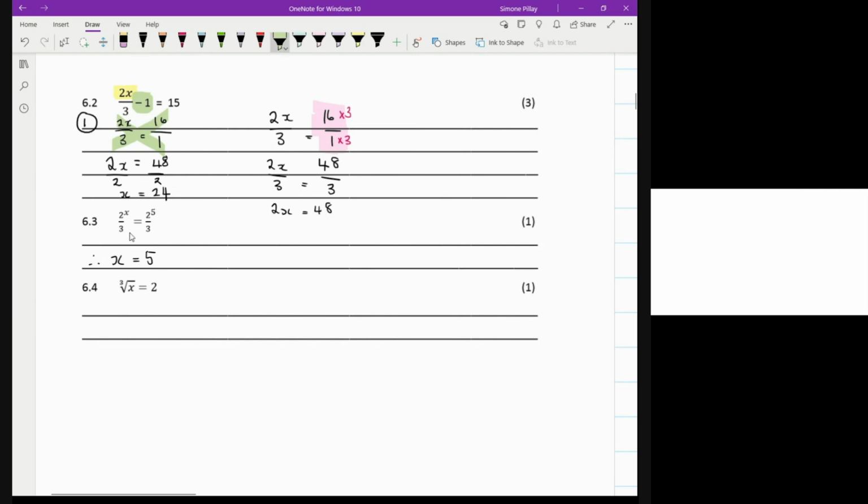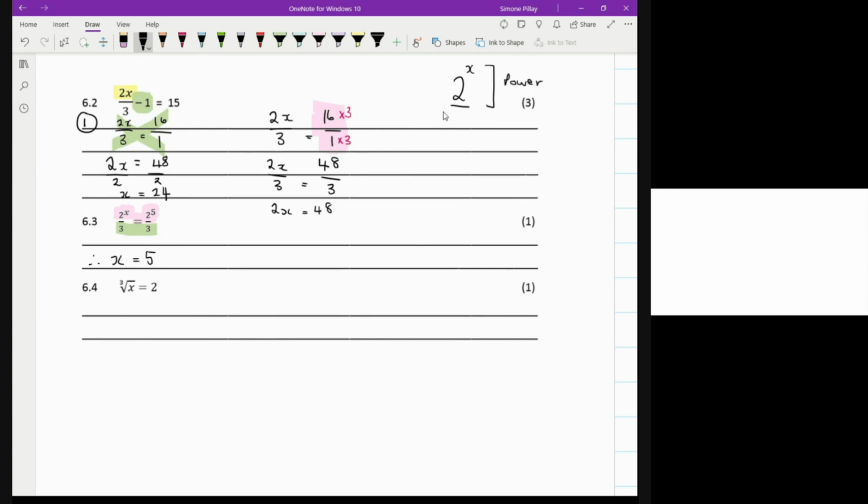Uma said our denominators are the same. So it's like what I just explained. Once our denominators are the same, we can drop our denominators. And what that must mean is that 2 to the power of x must be equal to 2 to the power of 5. Now, when we have a variable in our exponents, what we always want to do is get our bases the same. If you've forgotten, the entire thing here is called a power.